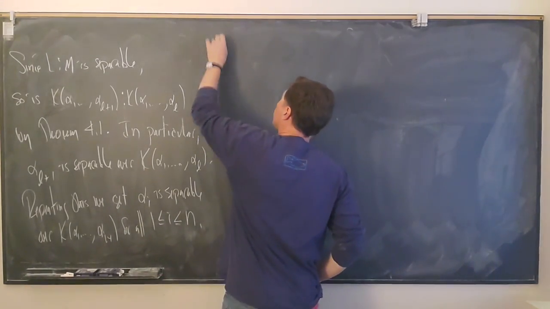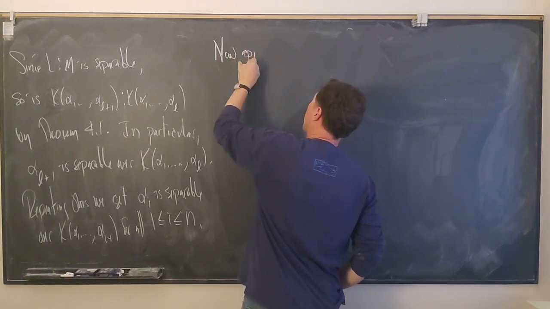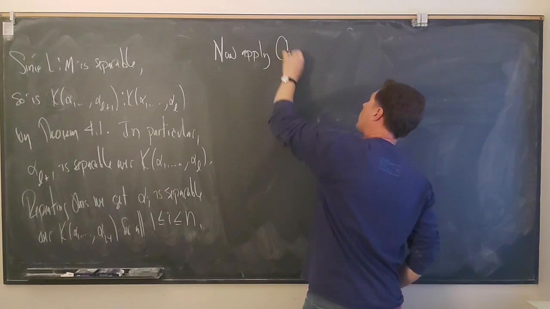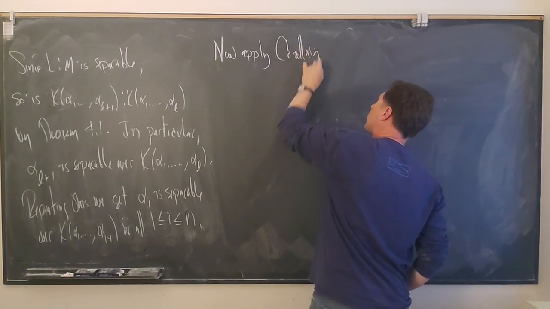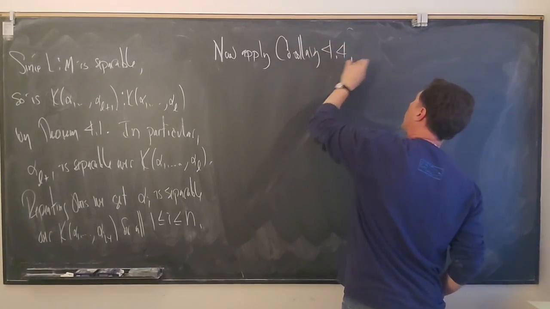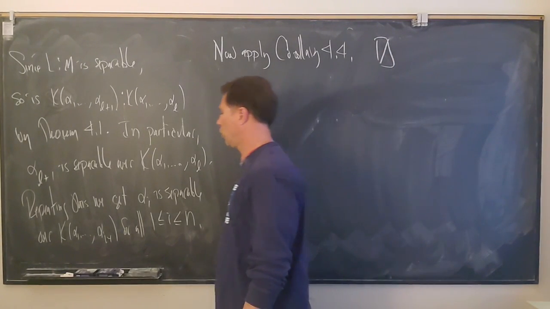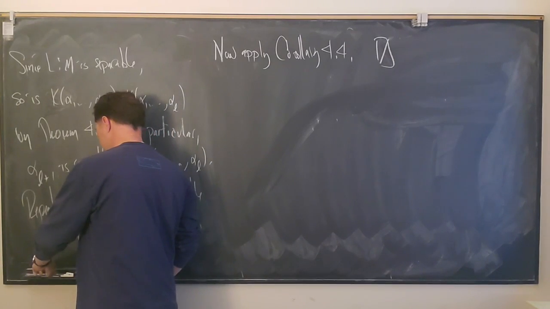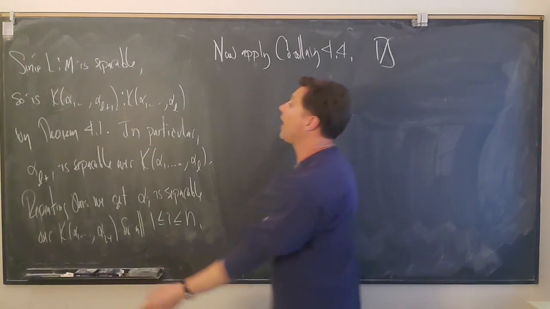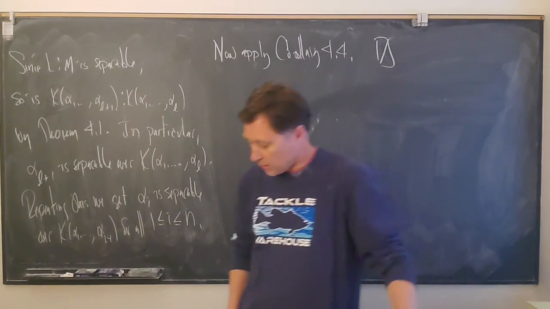So now apply Corollary 4.4. That tells us then that L over K is separable. So that's it.